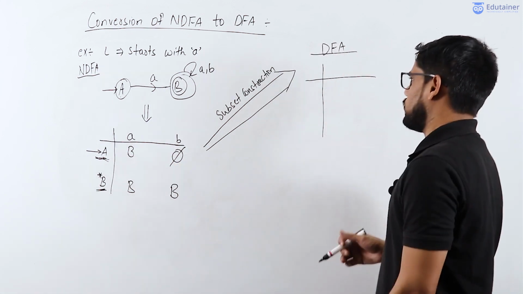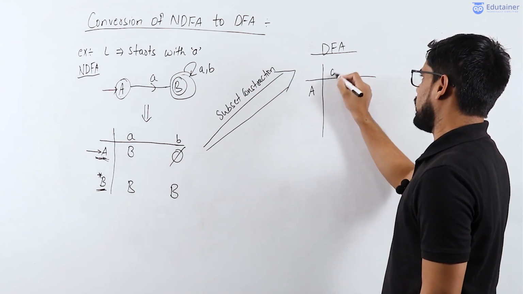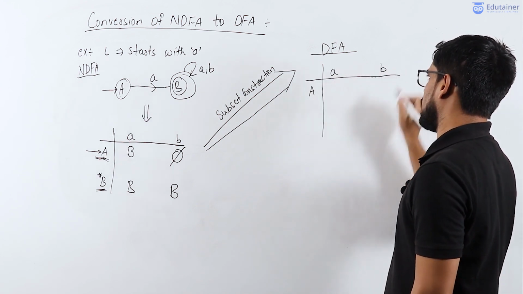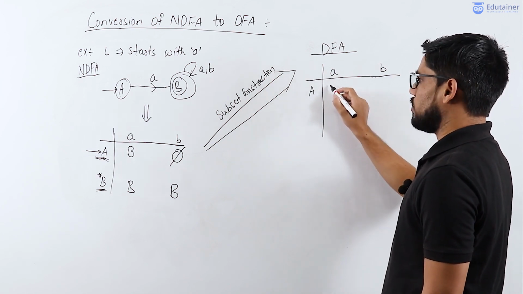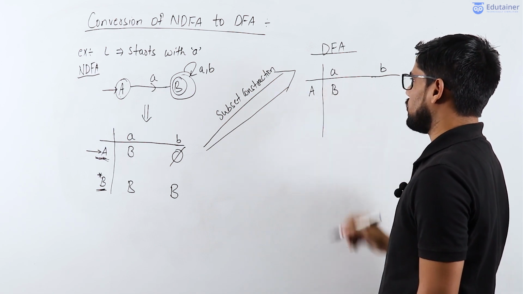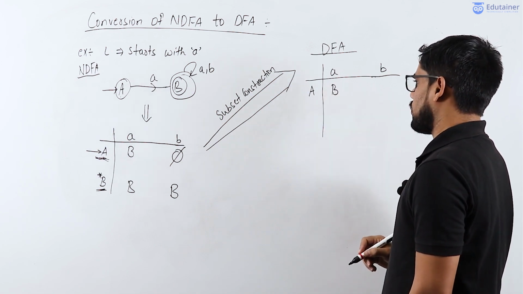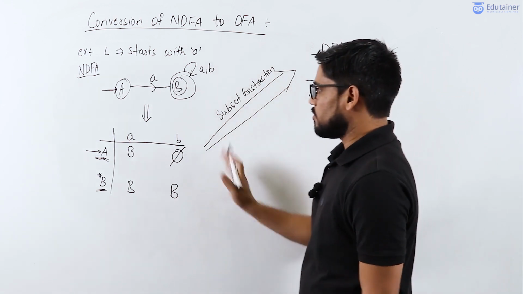So let's say row number 1 is capital A, and there are always two input alphabets, small a and small b. Capital A on small a will go to the state capital B.